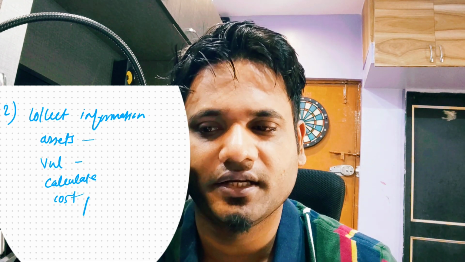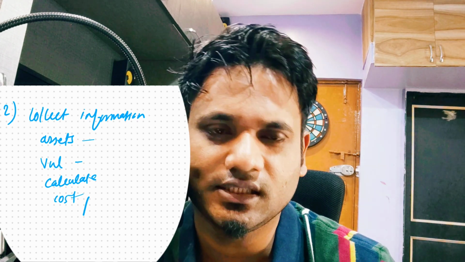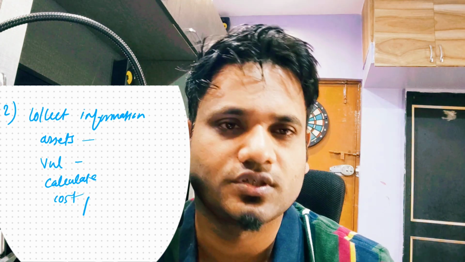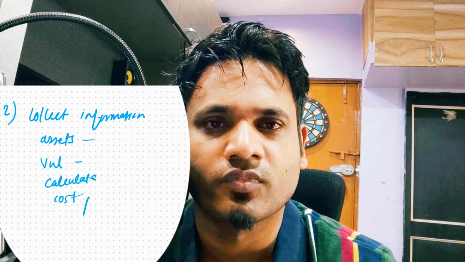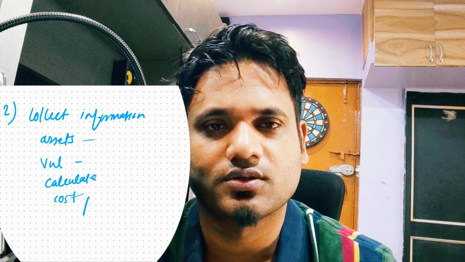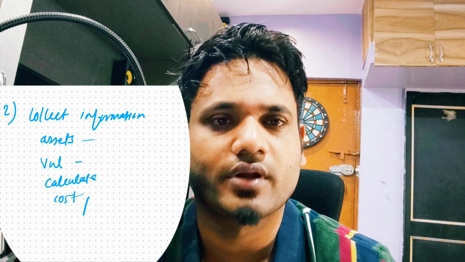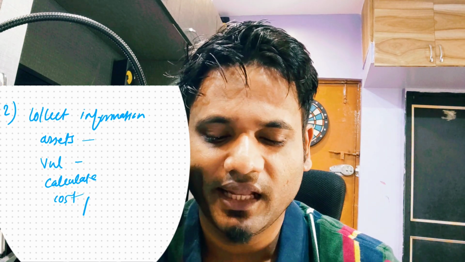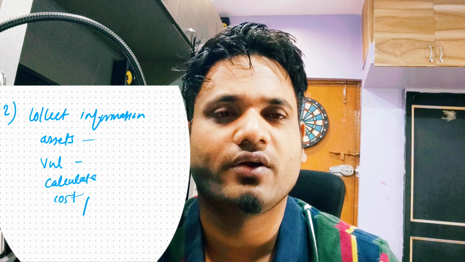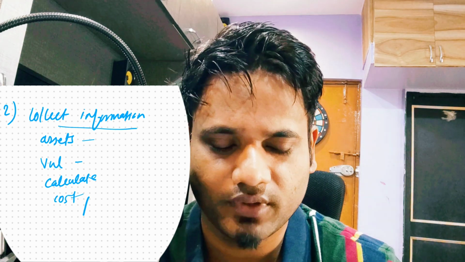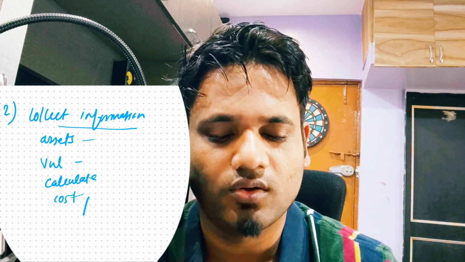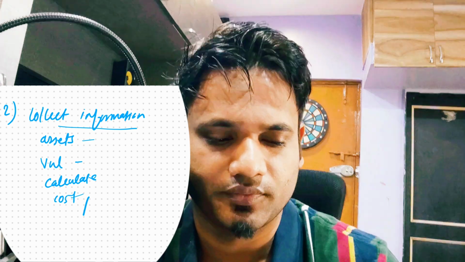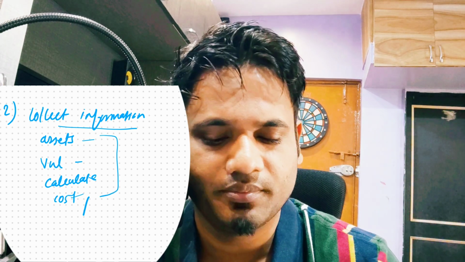Then you have to identify uncertainty: if certain things which are not under your control occur, what will be your approach? So in collecting information, you have to give a rational view and you have to understand all those details for sure. This is the second step.